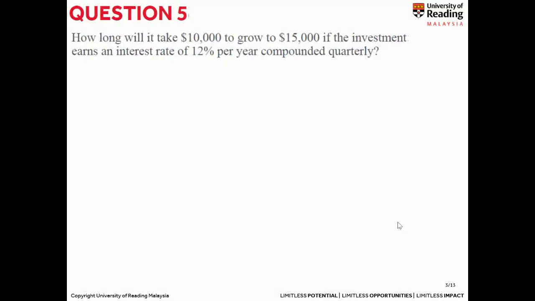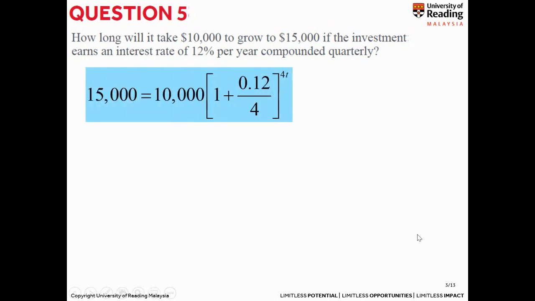Question 5. How long will it take 10,000 to grow to 15,000 if the investment earns an interest rate of 12% per year compounded quarterly? Now you need to find the number of years for this amount to grow from 10,000 to 15,000. So put in the formula.